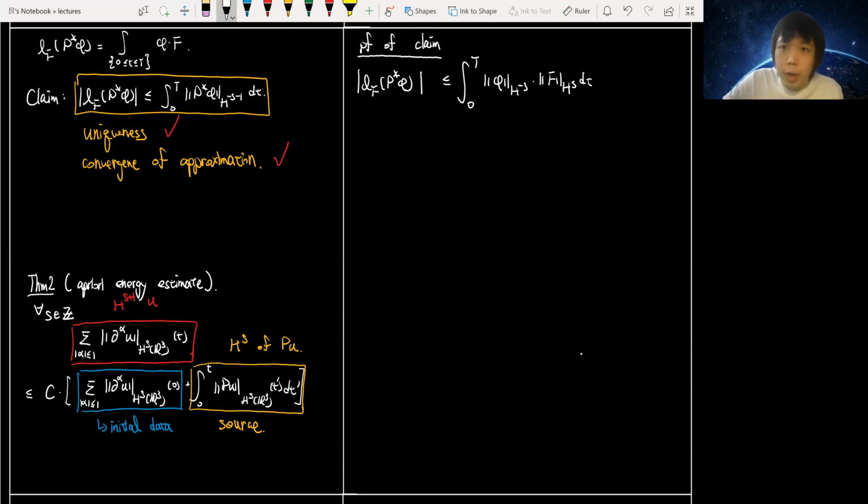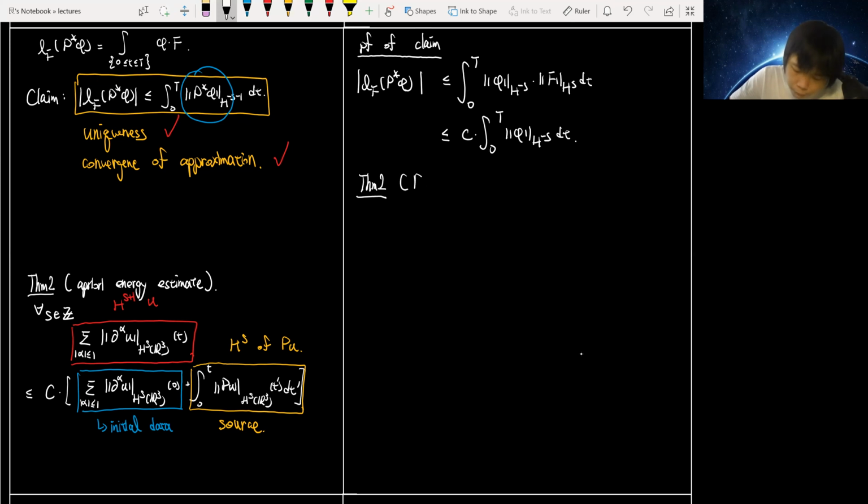And because F is smooth, it will be bounded by the H minus S norm of phi. Now what we want to do is use P star phi to bound it. And this is exactly what the a priori energy estimate tells us.